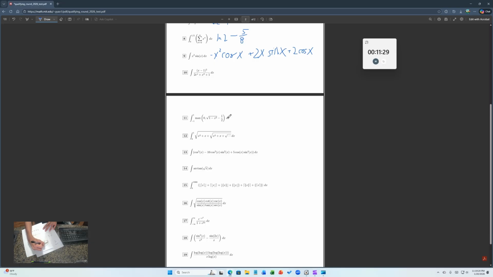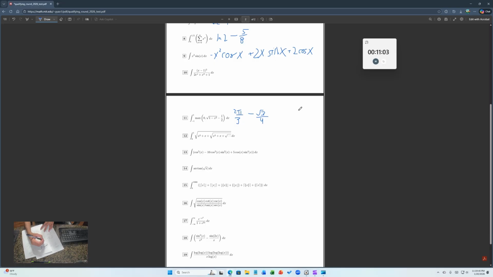I don't know if you can see it. But then just 1, 1, the angle is 2 pi over 3, which is 120 degrees. So that's 2 pi over 3 minus square root 3 over 4.